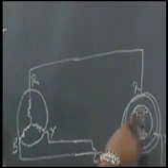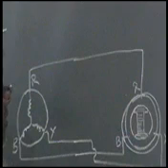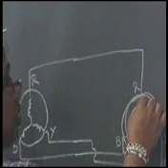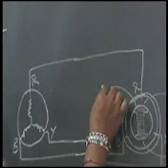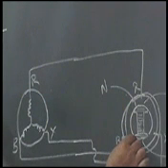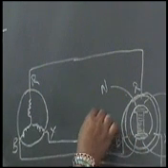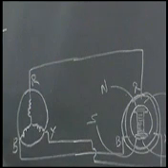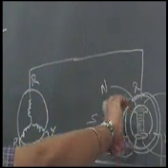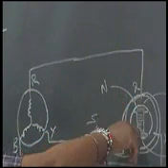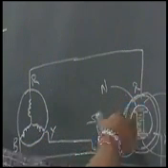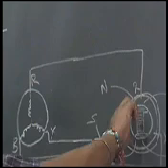This end is always north and this end is always south. It is rotating like this. As it rotates, it does not change its polarity. It remains north and south all the time.